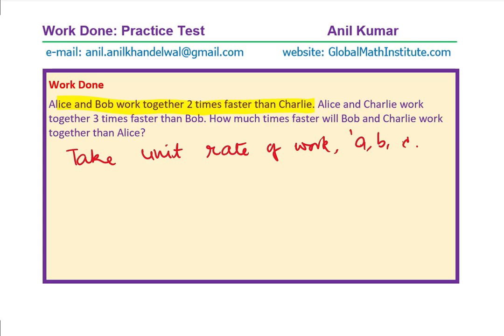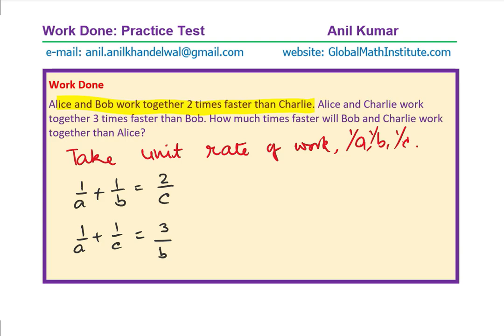So in one unit, 1 over A, 1 over B, and 1 over C. So the first equation, Alice and Bob work together 2 times faster than C, gives us the equation 1 over A plus 1 over B equals 2 times 1 over C. And the second equation, Alice and Charlie work 3 times faster than Bob, gives us this equation.